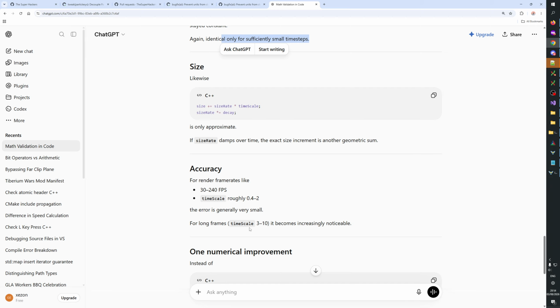For render frame rates like 30 to 240, the error is generally very small. For long frames, timescale, it becomes increasingly noticeable.